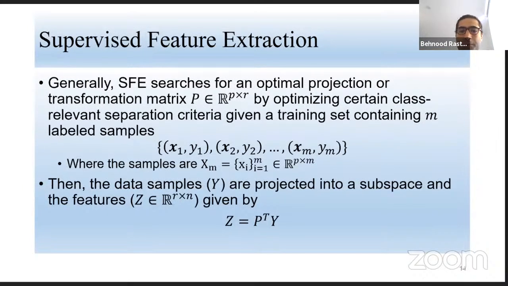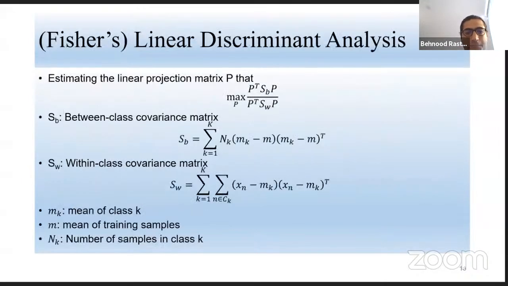Basically, in supervised feature extraction techniques, we have a set of samples with the corresponding class labels, and we want to find a transformation matrix P, which optimizes certain class-relevant separation criteria. And then when you estimate your transformation matrix, you can project your data to the subspace.